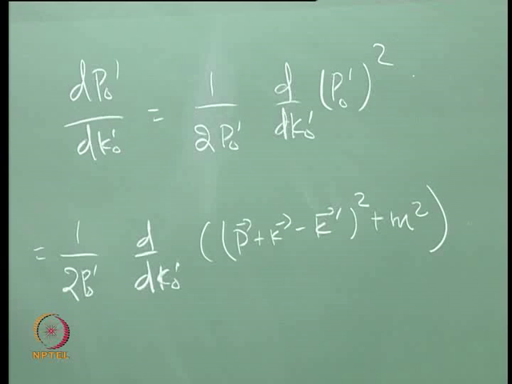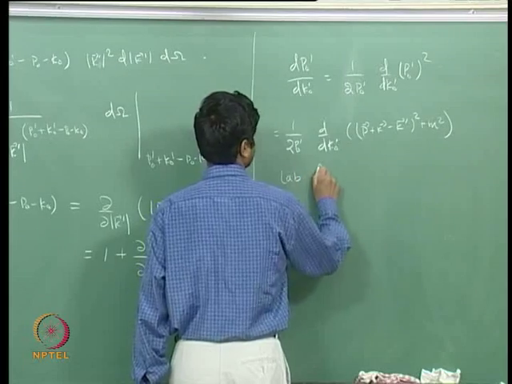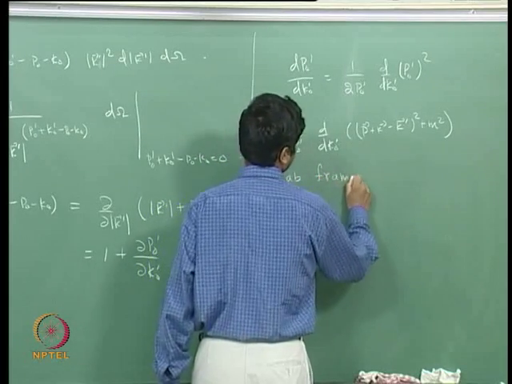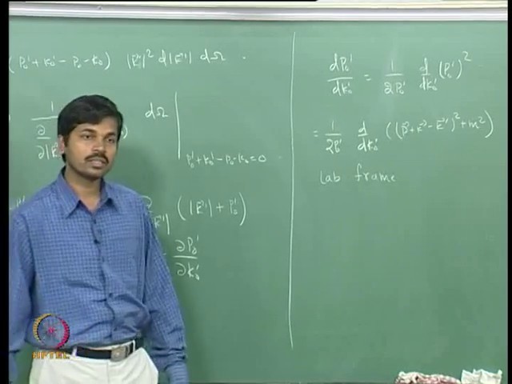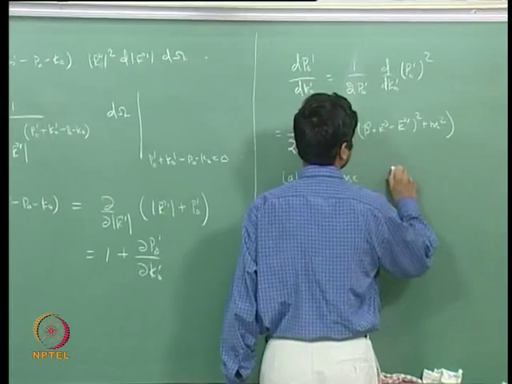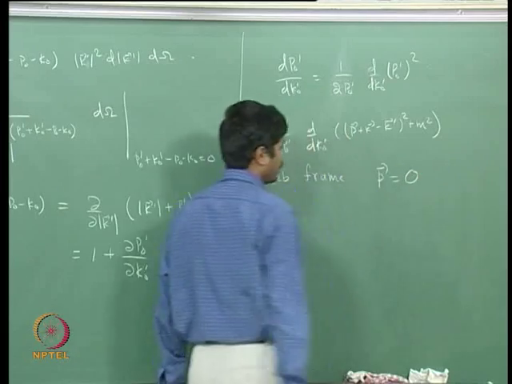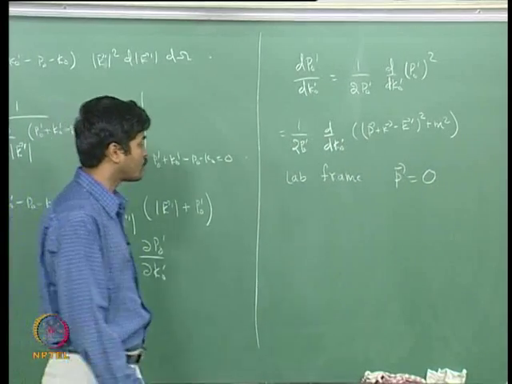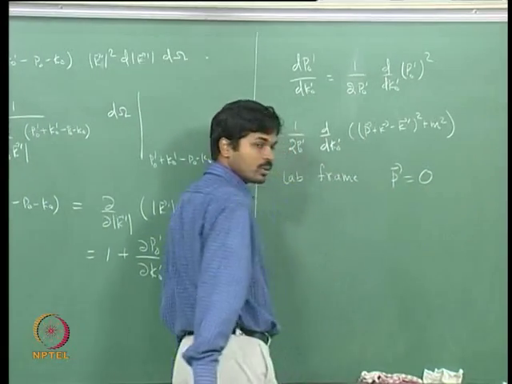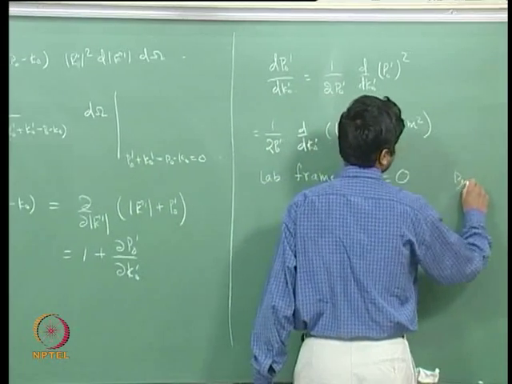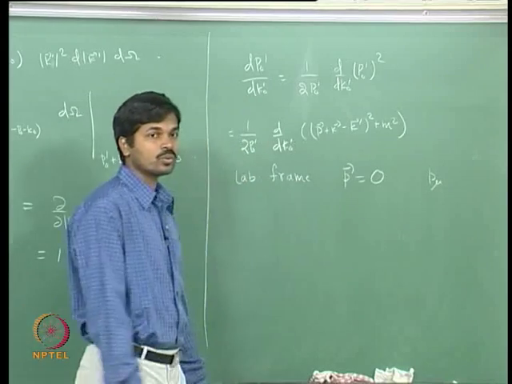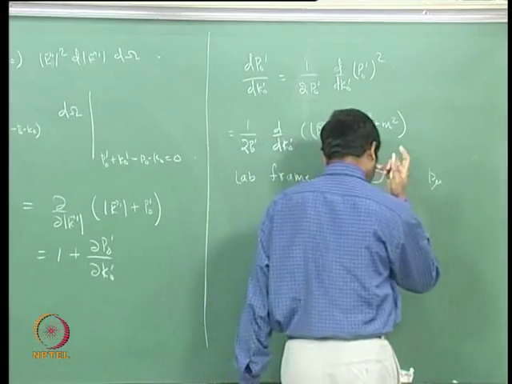All right. So what we will now do is we will work in the laboratory frame where the incoming electron is at rest. So we will choose vector p equal to 0, which amounts to saying that p mu is along the time direction, or you choose the time direction to be along p mu.